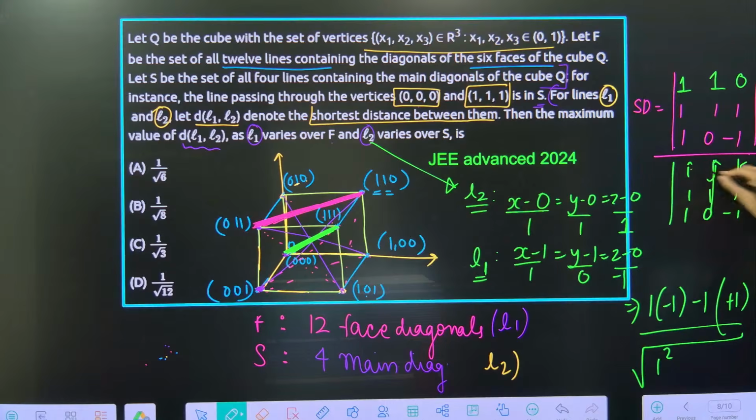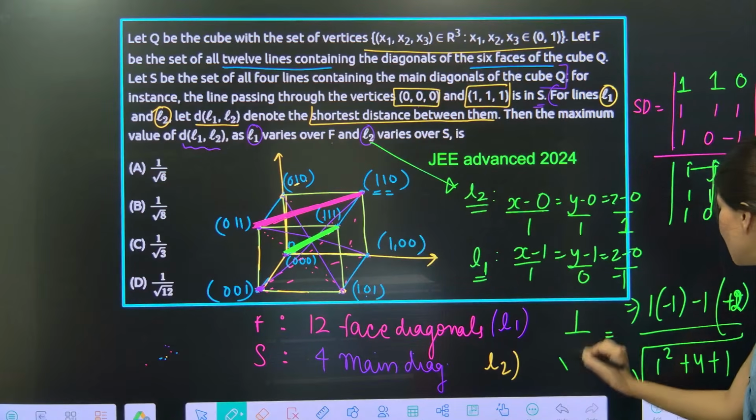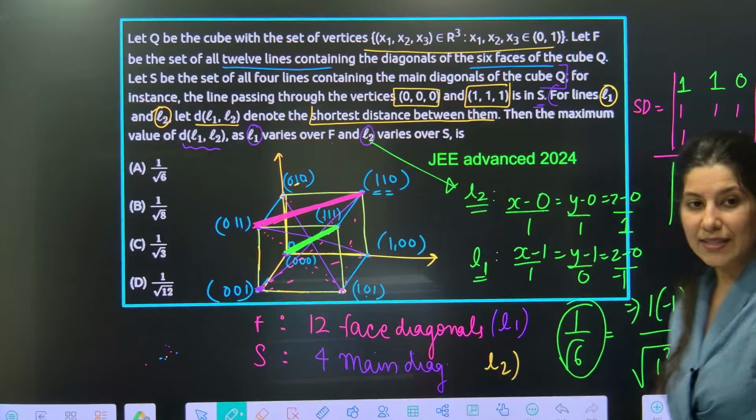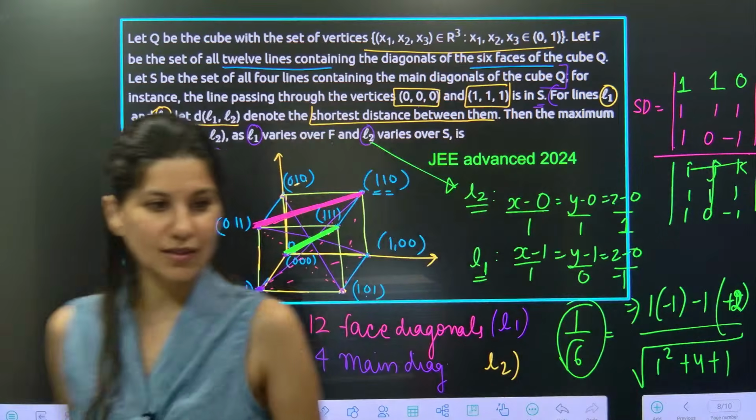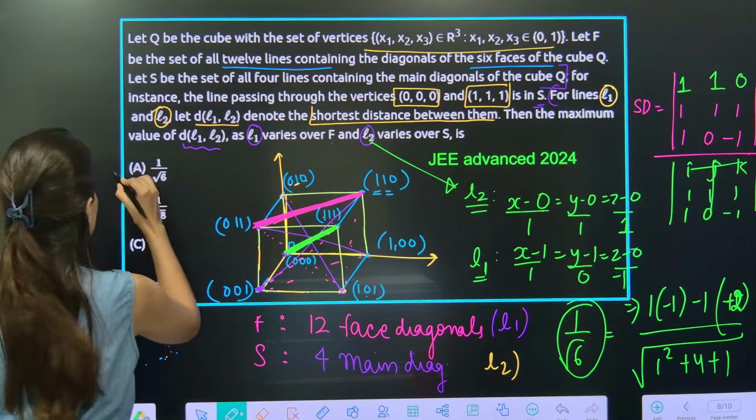If I do this, it is minus 1, minus 1. So, this is minus 2 plus 4 plus 1. And I need to recheck this also. Minus 1 is there and this is minus 1, minus 1. So, this is minus 2. So, this is 2 minus 1. So, final answer will be what? 1 by root 6. Okay. So, 1 by root 6 is option A.